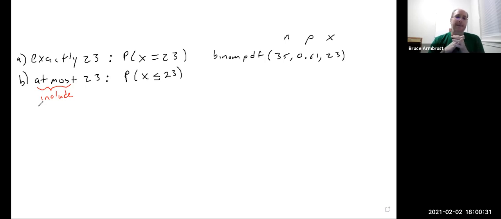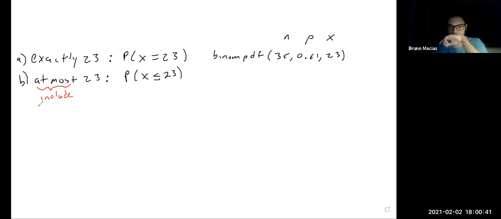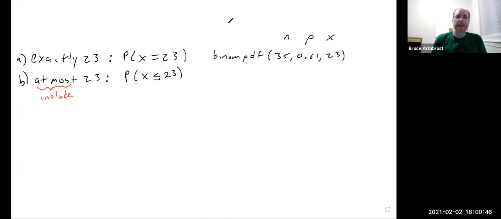If it says at least, that's a greater than or equal. I see. Okay, and in fact, the third part, C said at least 21. That's going to be a probability that X is greater than or equal to 21.